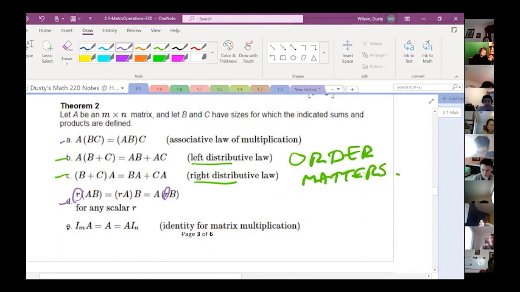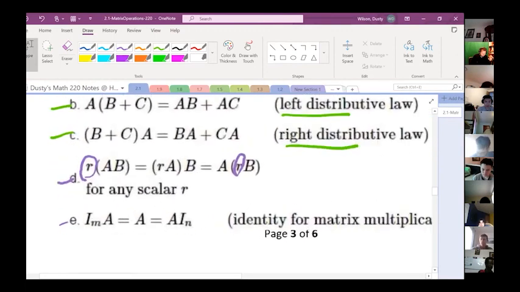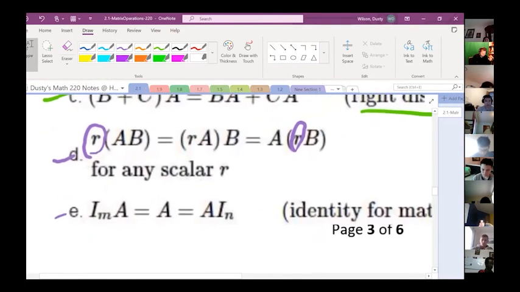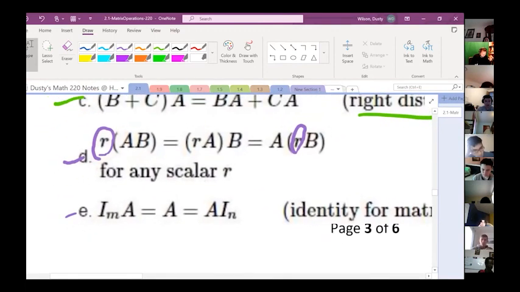You'll notice that the identity matrix works the way you would expect it to, with one slight difference. Notice here that A is an M by N matrix.